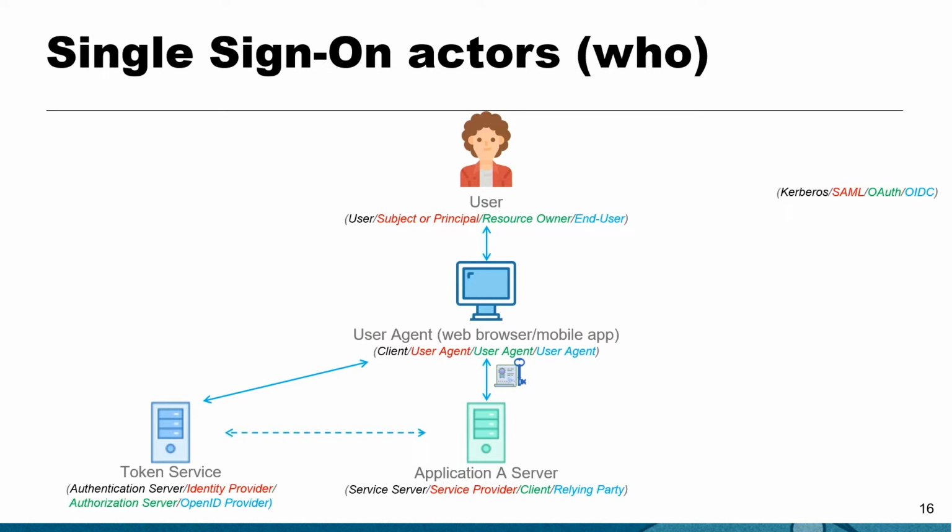Sometimes you will have something also happening in the back end, maybe doing some additional validation or getting more information about the user. That can happen. And if you then have to go to a second application, the same thing will happen. You will have the user trying to reach out to this application.